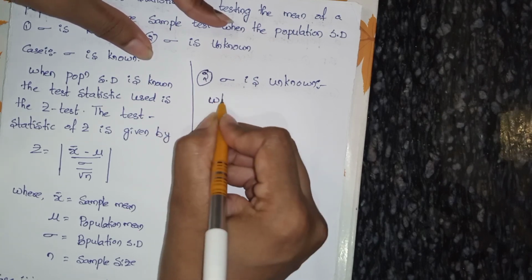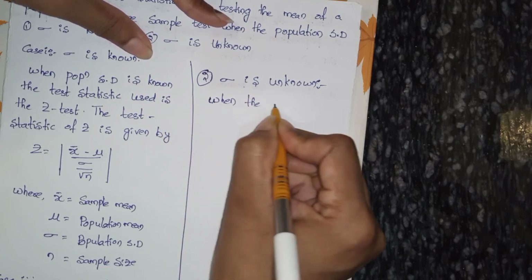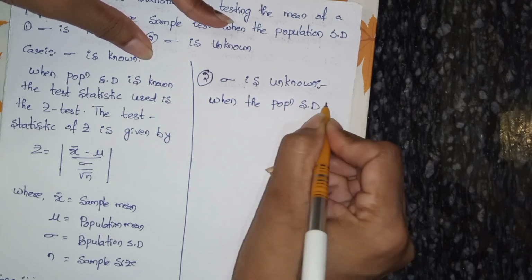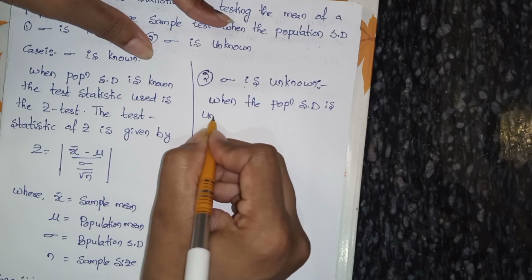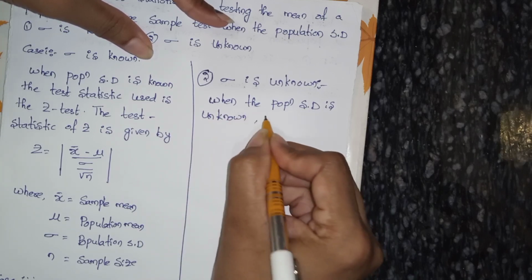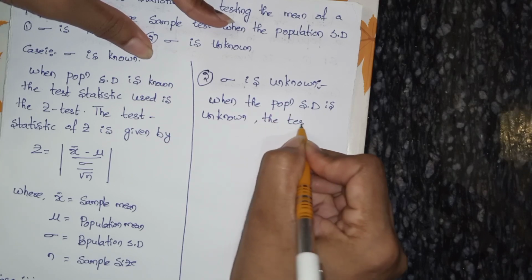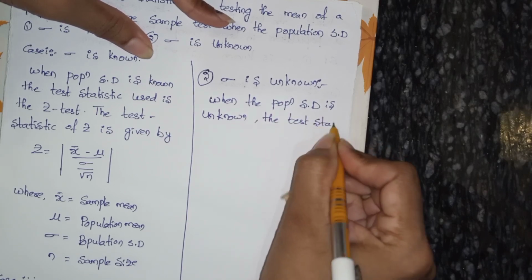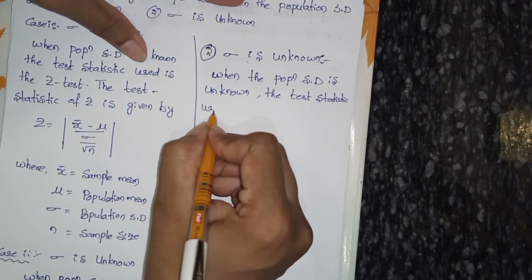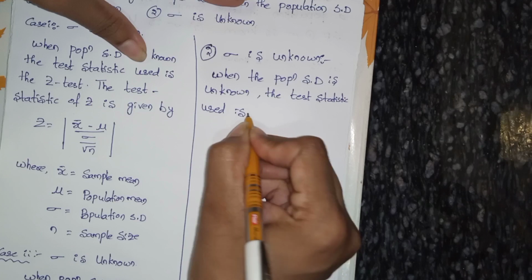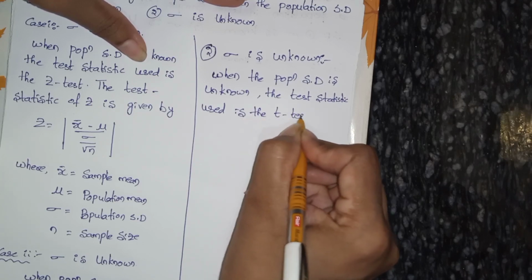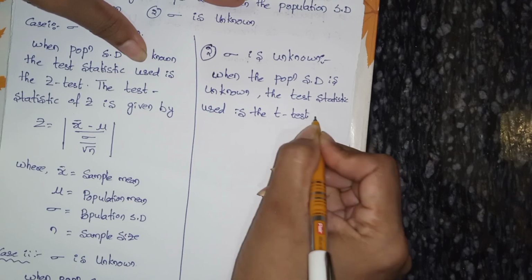When the population standard deviation is unknown, the test statistic used is the t-test, student t-test.